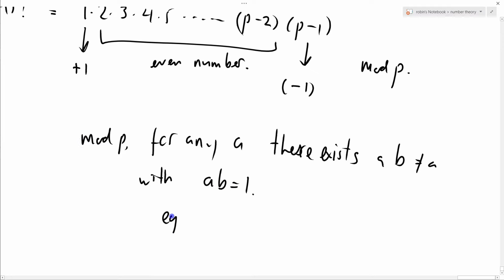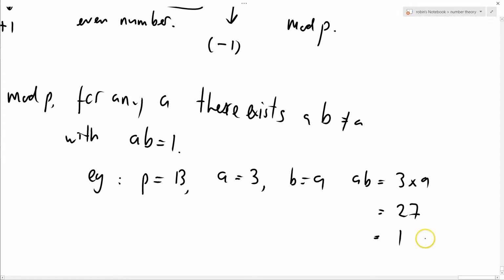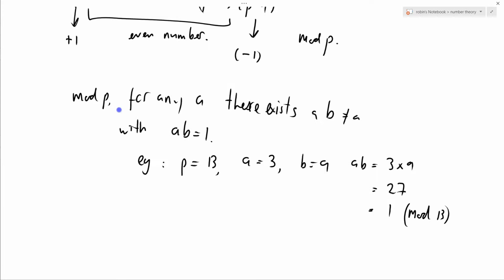So for example, if P equals 13 and A equals 3, then B will equal 9 because AB, which equals 3 times 9, which equals 27, equals 1 modulo 13. I'm not going to prove that, but it's kind of obvious when you think about it.